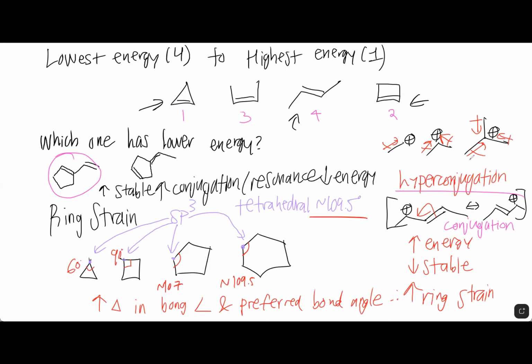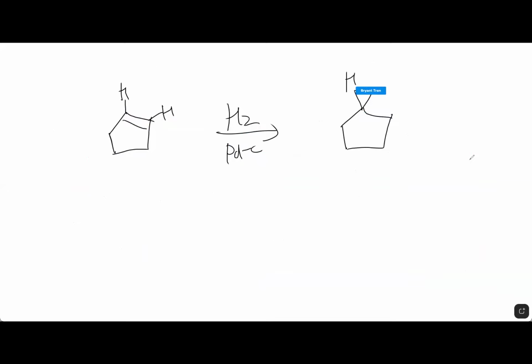Okay. Another thing about hydrogenation is that we know that when we put an alkene through H2 under a catalyst like PdC, that alkene is going to gain another set of hydrogens. Let's say that set of hydrogens are the pink ones, and the new ones are these two red ones here. Those ones have stereoselectivity.